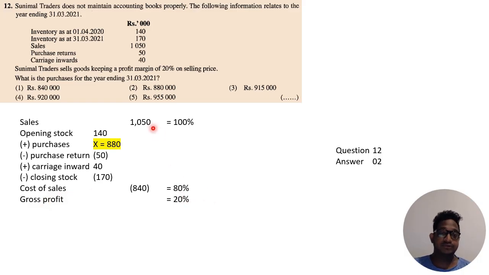So 80% of 1050 is 840. So if you know this 840 and if you know the other cases as well, then you can find out the purchases from the reverse method. Right? So 840 plus 170 minus 40 plus 50 minus 40, then you are getting the purchases as 880. So the correct answer for question number 12 is answer number 2.